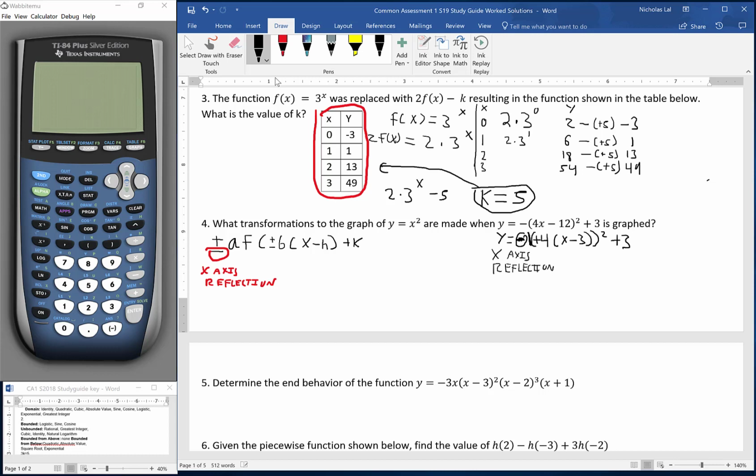If that 4 was negative, there would be a y-axis reflection.